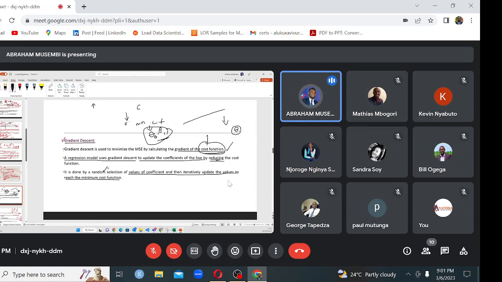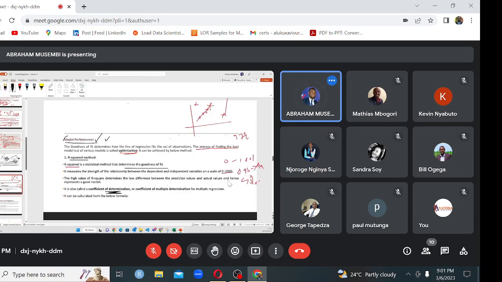The coefficients which give the lowest cost function, we will say those are the best coefficients to use in our regression model. So with that, we are using gradient descent to find the minimum cost function in order to improve the performance of our model.